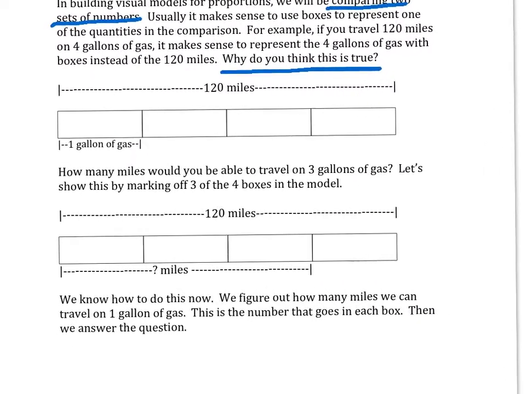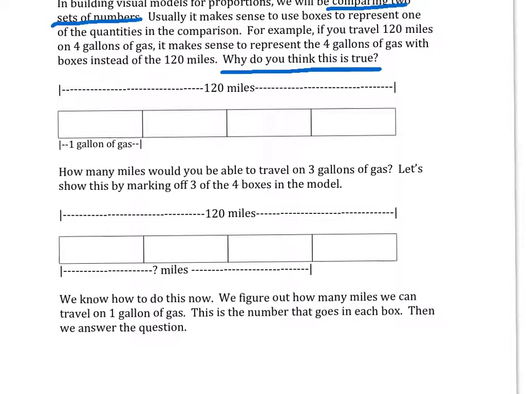So you see you have a model here for 120 miles, and we have 1 gallon of gas. So if you had 120 and you have 4 boxes, you're doing 120 broken up into 4 equal parts. So that would get us 30 per box, right?